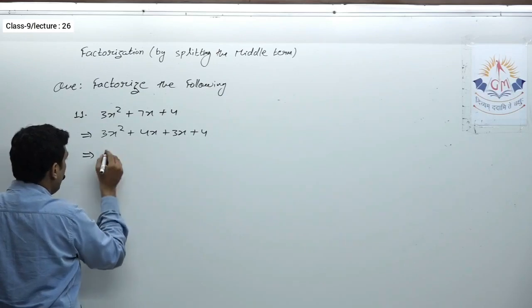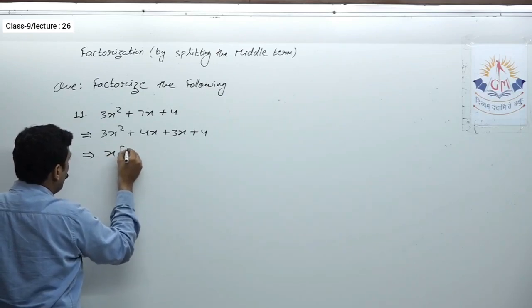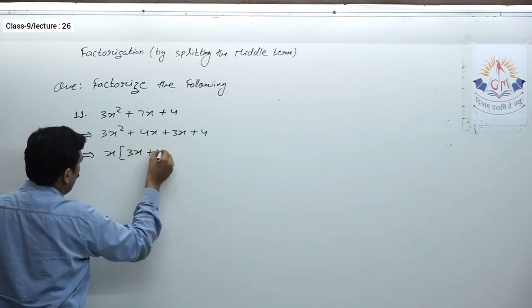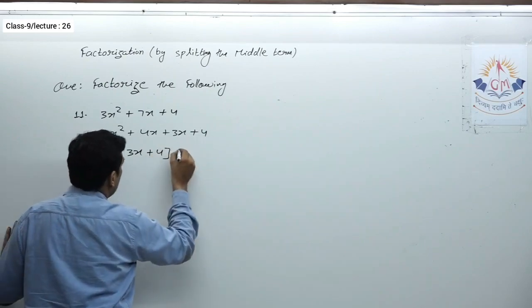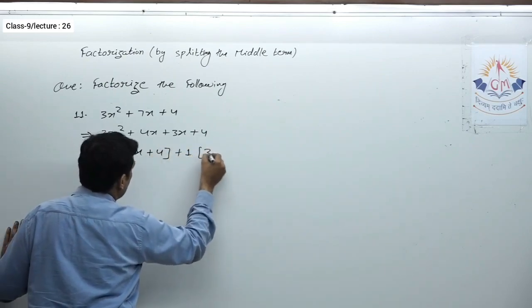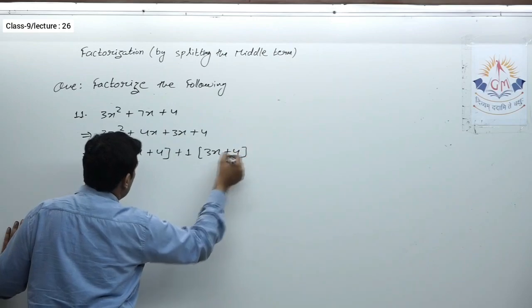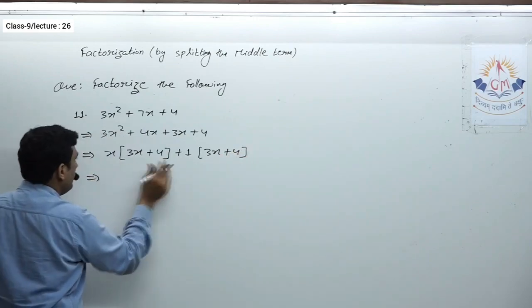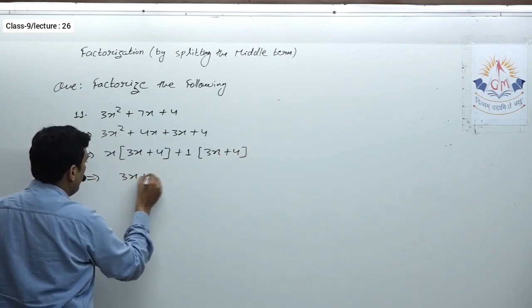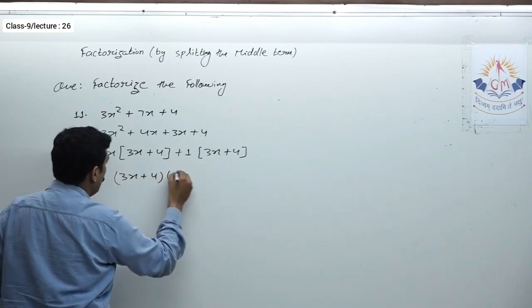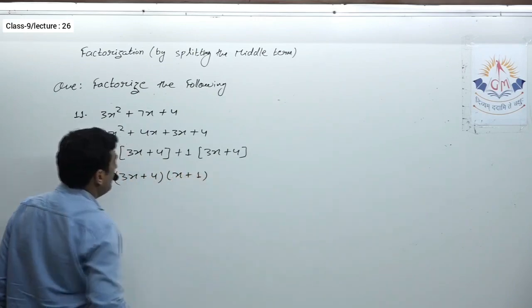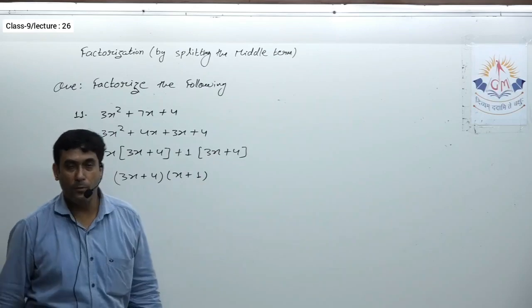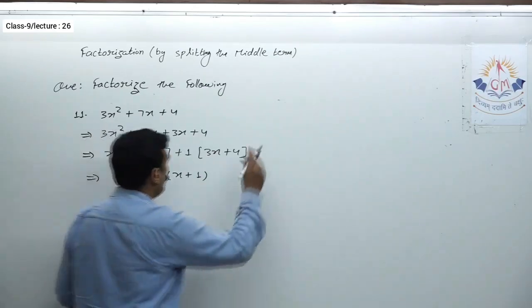So from these two I can take x common, so here I get 3x plus 4, and from these two I can take 1 common, so 3x plus 4. And now from these two 3x plus 4 can be taken common, and here I get x plus 1. Okay, I hope it is clear to you.